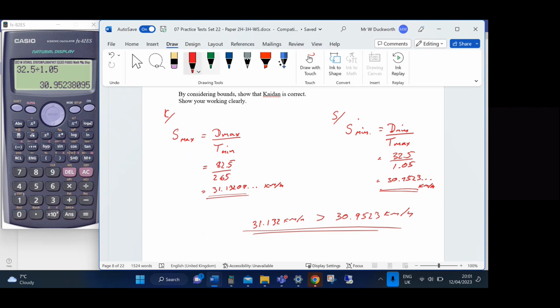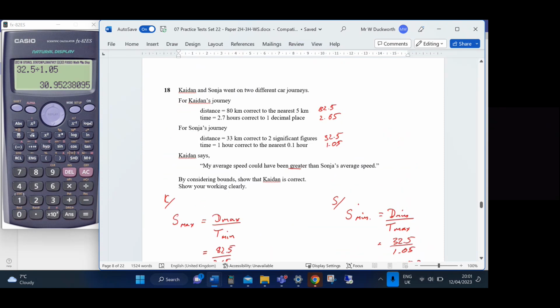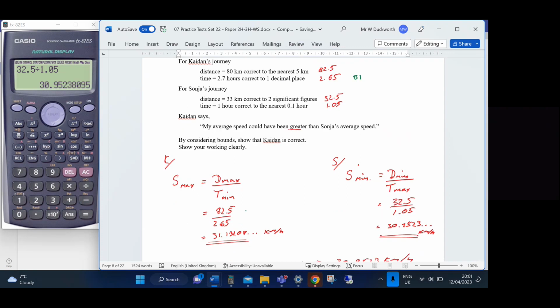So we pick up B1 for upper bound and lower bound, for one of the distances or times in hours or in minutes. Then M1 for method to find the upper bound for Caden, and we've got an M1 for this one.